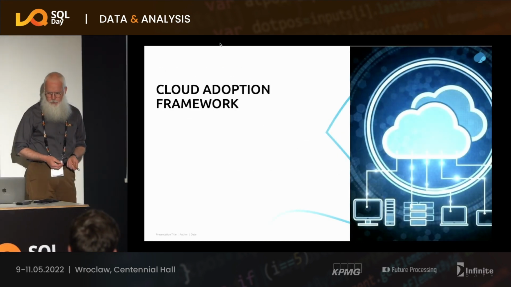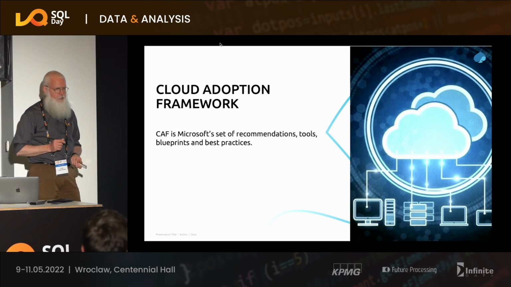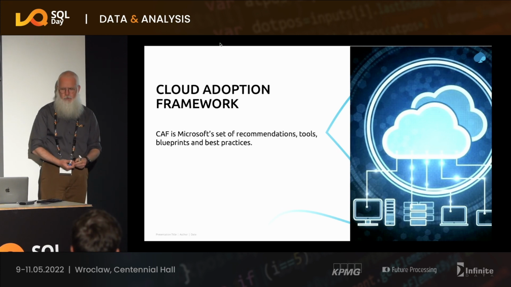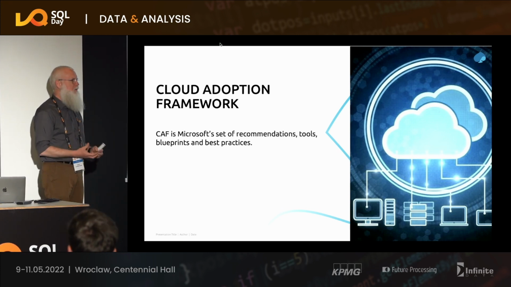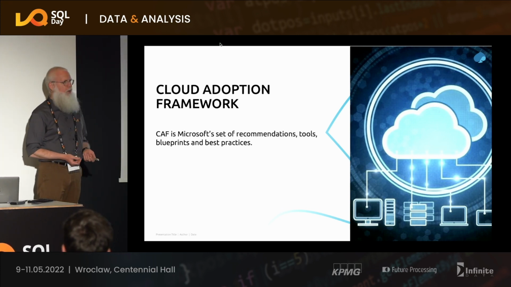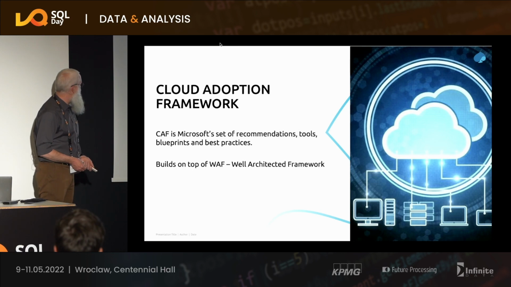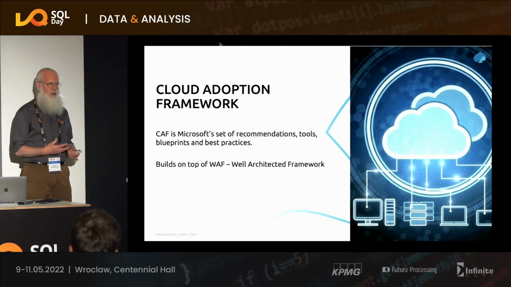So Cloud Adoption Framework is Microsoft's best recommendations and tools and blueprints and best practices rolled into one. It is a gigantic repository of documents and GitHub repos for you. And it builds on top of WAF.